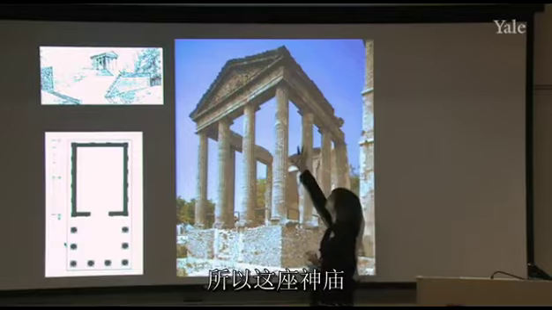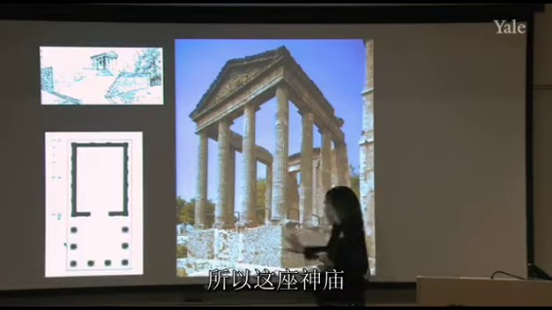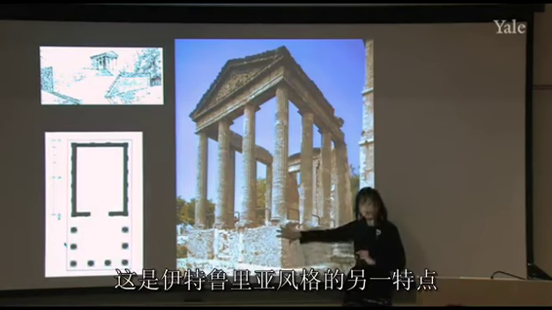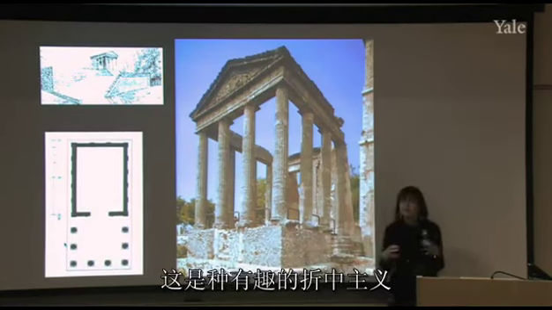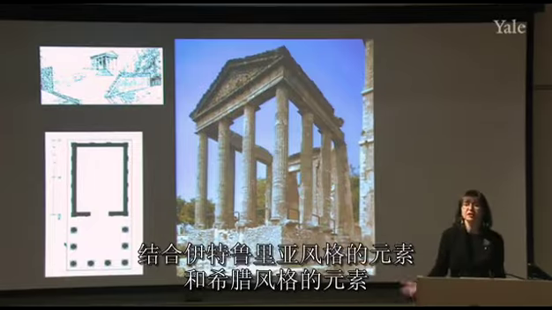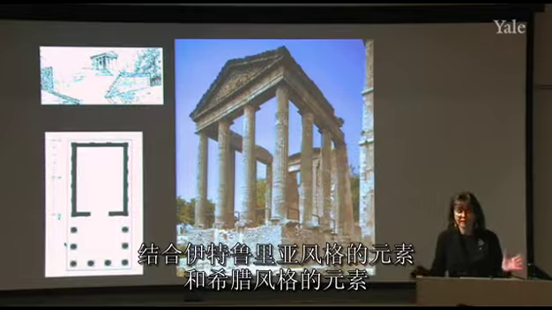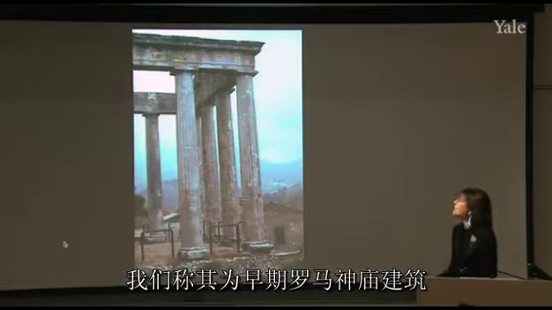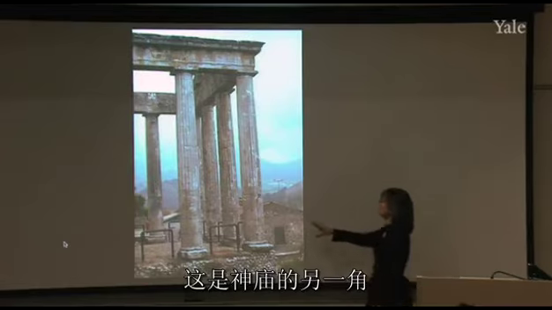So the Greek Doric order, triglyphs and metopes for this temple, and one thing we couldn't see in that plan is the high podium. That's another Etruscan feature. So once again, we see this very interesting and very eclectic bringing together of Etruscan elements and Greek elements in what we can call early Roman temple architecture. Here's another detail of the temple at Cori.